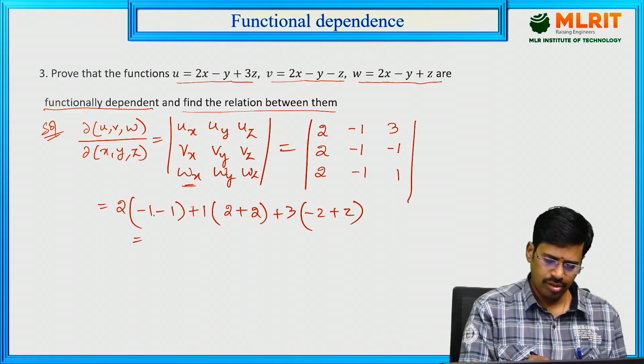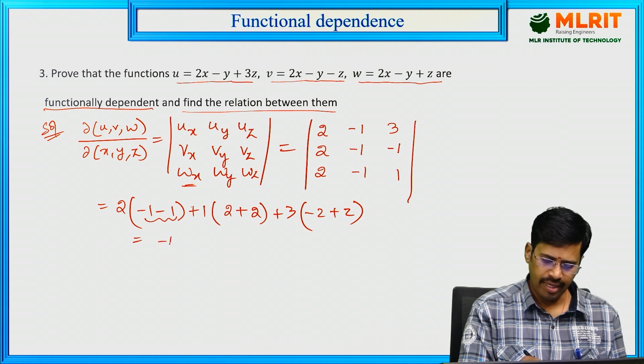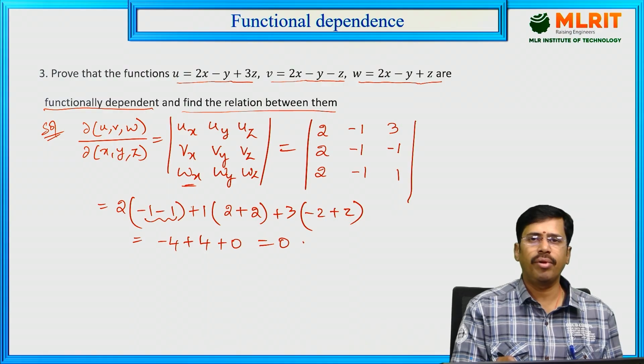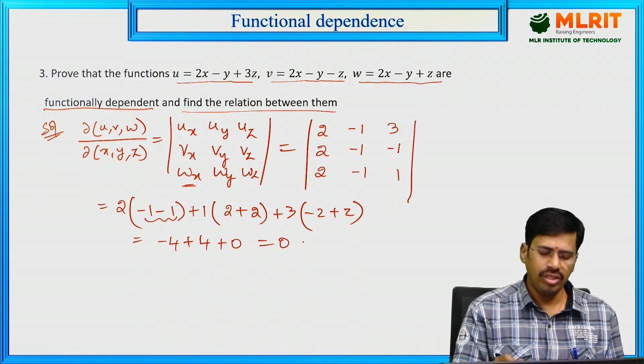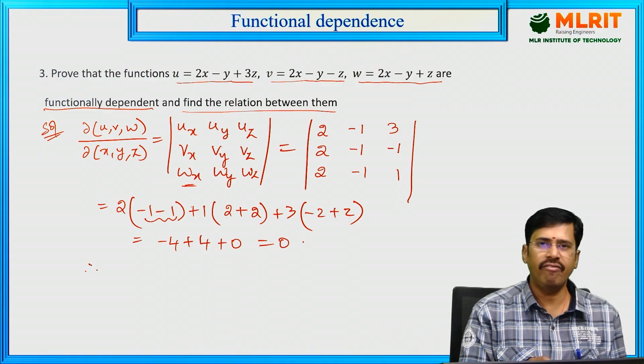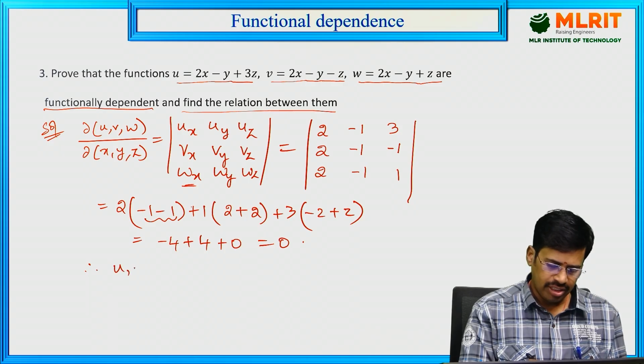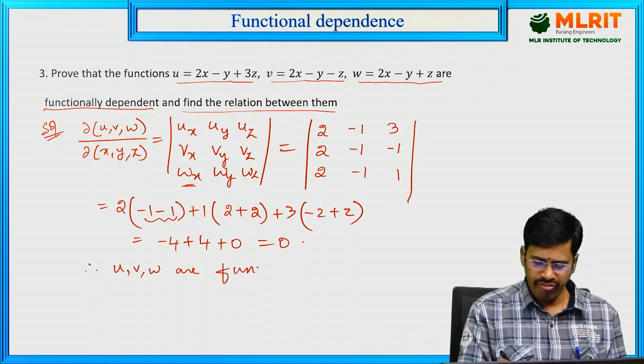So this is -2 into 2, -4 plus 4 plus 0. So I get 0. So Jacobian of u, v, w is 0. Therefore, what can we conclude? The functions u, v, w are functionally dependent.